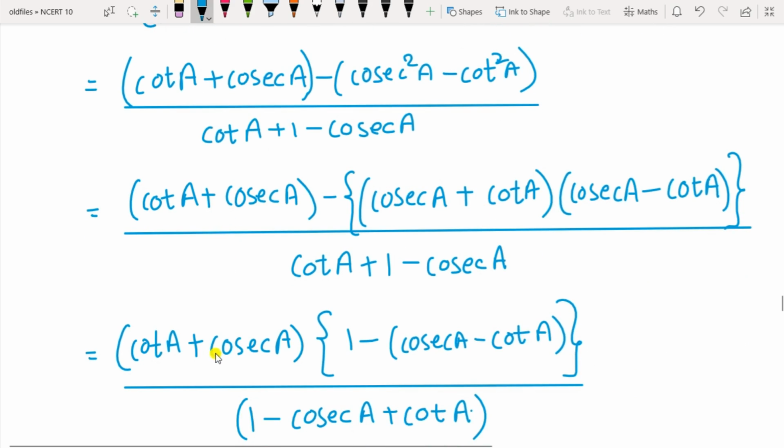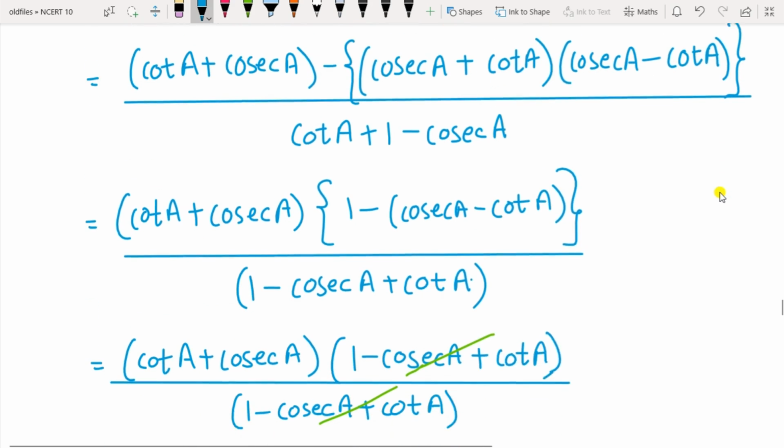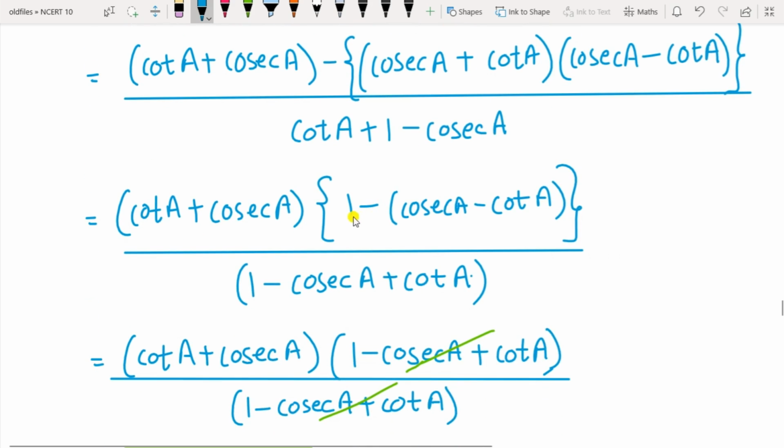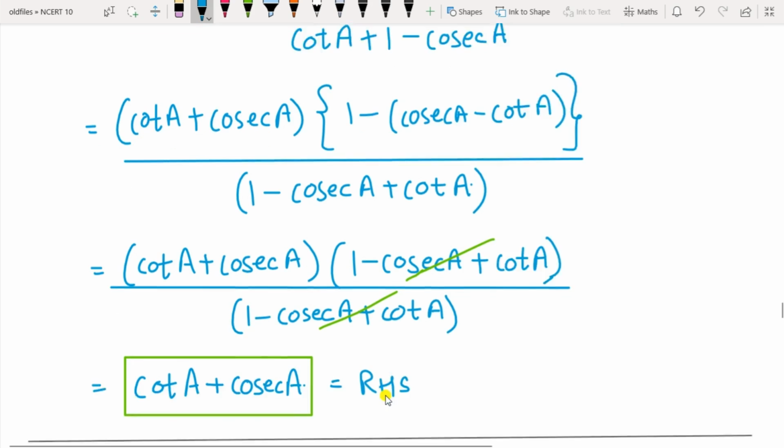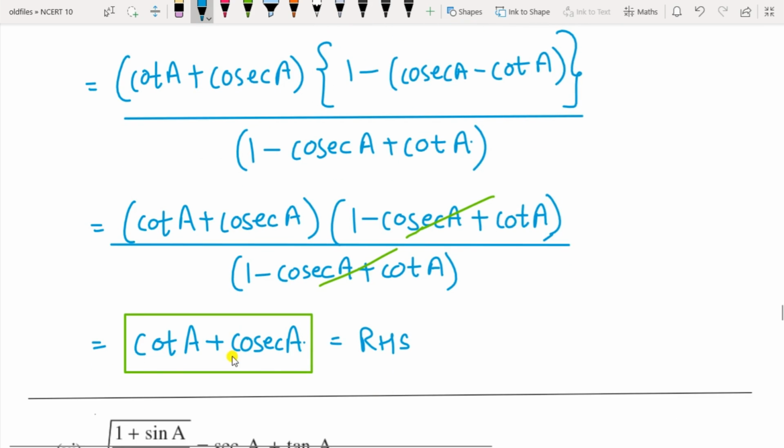So this will be 1 minus cosec minus cot. Take the minus sign inside. So it will be 1 minus cosec plus cot. So the numerator and denominator will get cancelled. Rearrange this denominator as 1 minus cosec a plus cot a. So this will get cancelled. So the remaining is cot a plus cosec a, that is your RHS. Hence proved.